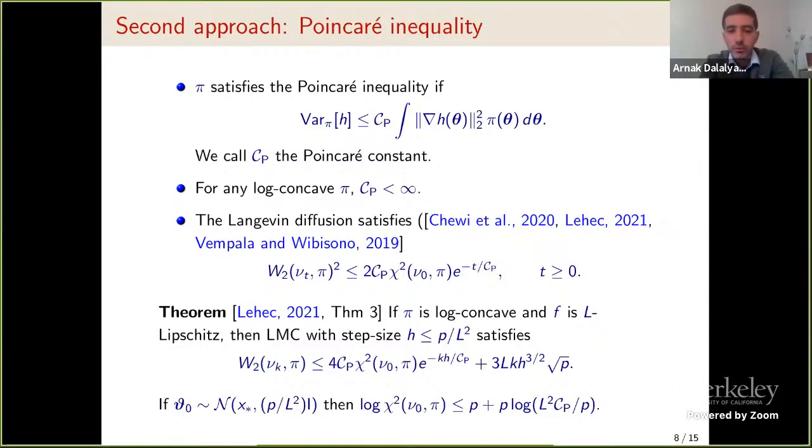And therefore, there is an inequality which says that if we consider the distribution of the Langevin diffusion at time t, let us call it nu subscript t, then the distance between nu t and the target distribution pi decreases exponentially fast. So the rate of the exponential decay is 1 over Cp. Okay, so here Cp is the Poincare constant.